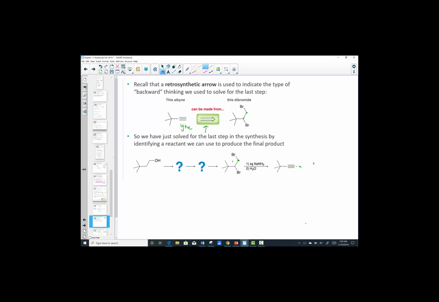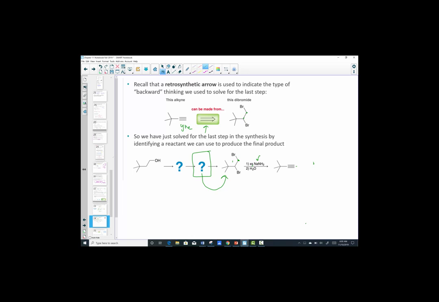So thinking backwards, the triple bond can be made from the dibromide, and the tools that do that are sodium amide, excess amounts to remove both HBrs, and the water to put the proton back on. So now what do we think of? I'm ready to start thinking about this step. What can I do to put 2 bromines across carbon 3 and 4?